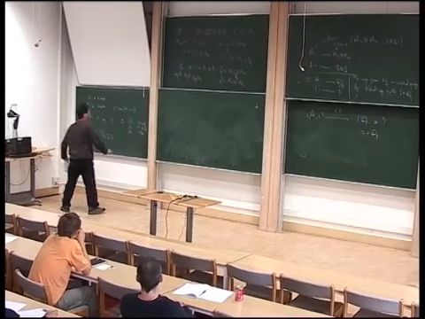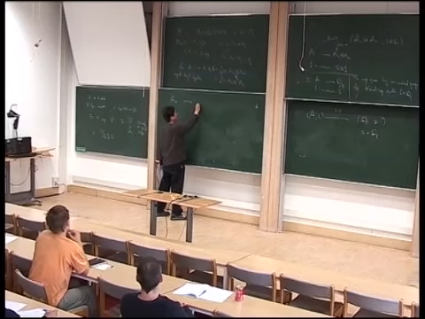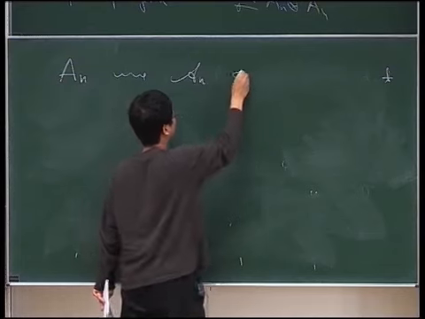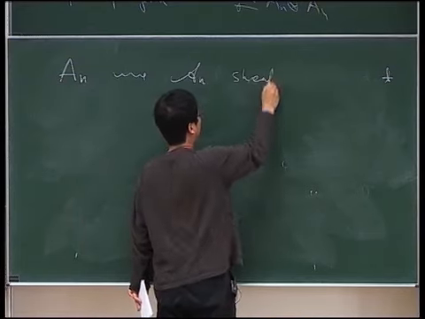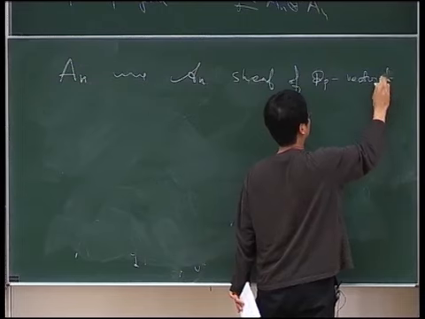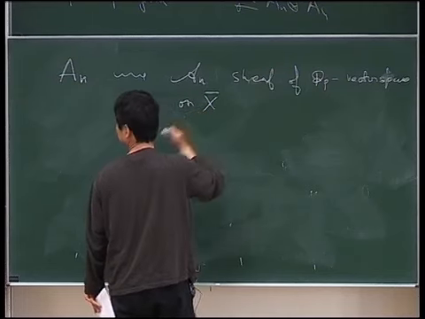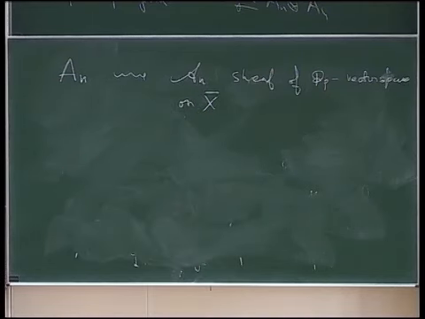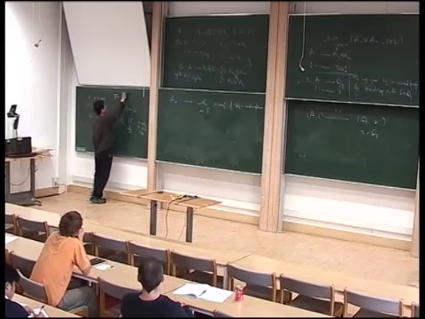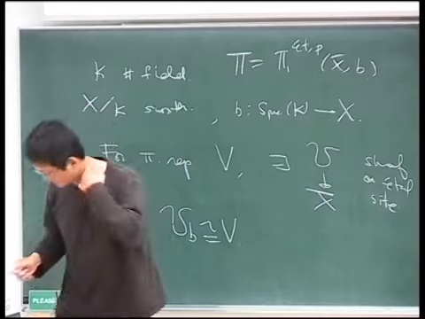In particular, to these representations A_n we associated some sheaves, so this is our sheaf of Q_p vector spaces on X bar. Oh, sorry. Again, confusion of notation. Pi here was pi_1 pro-p of X bar, not X. So that's why to a pi representation we get something on X bar a priori, not on X.